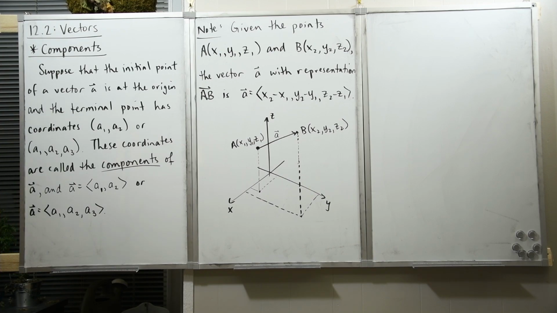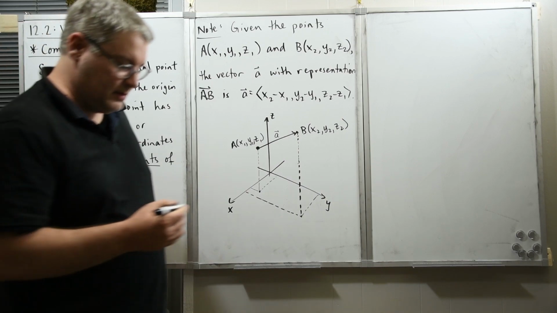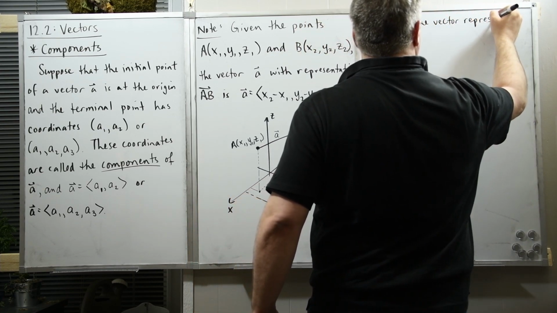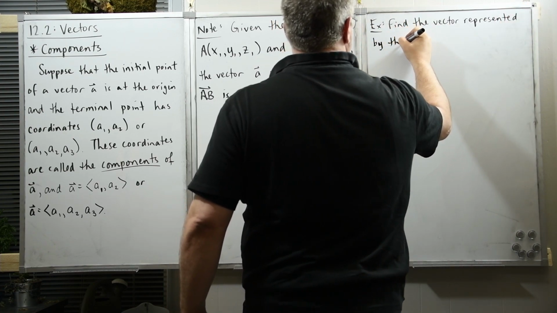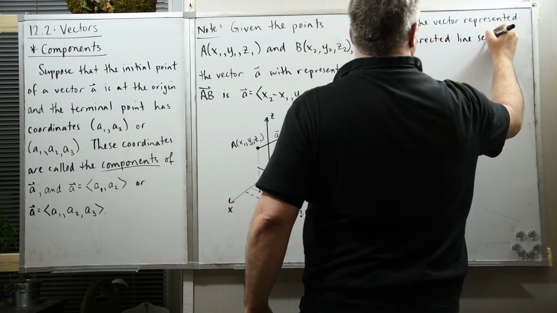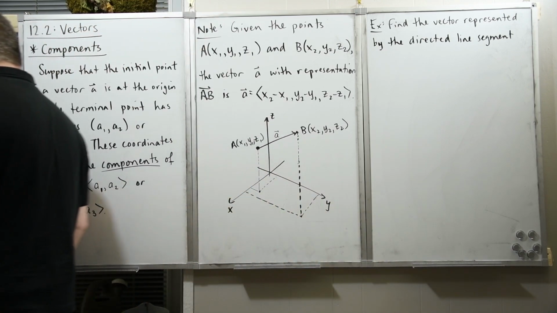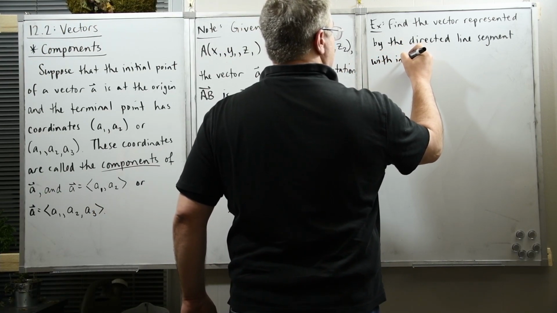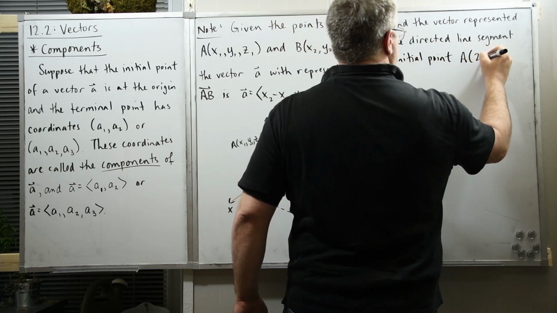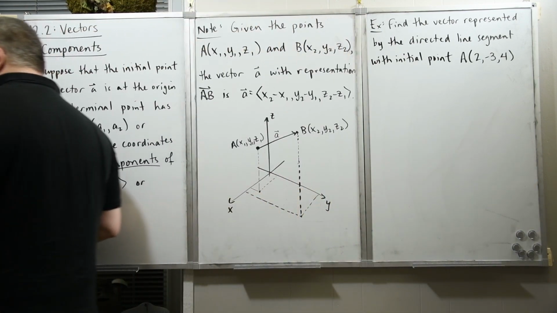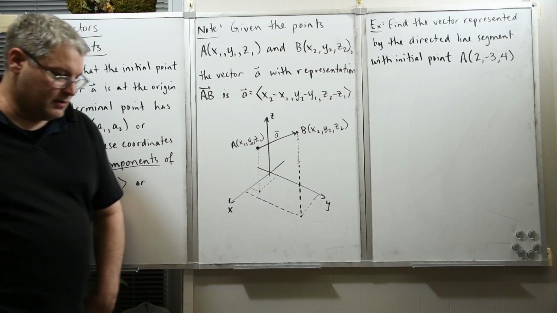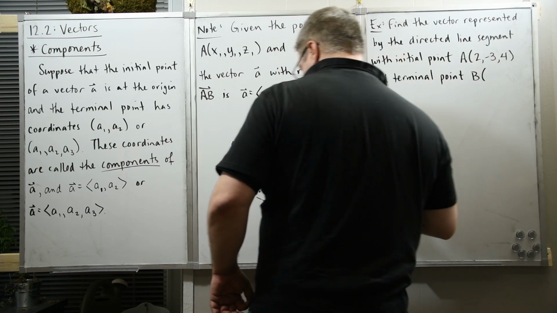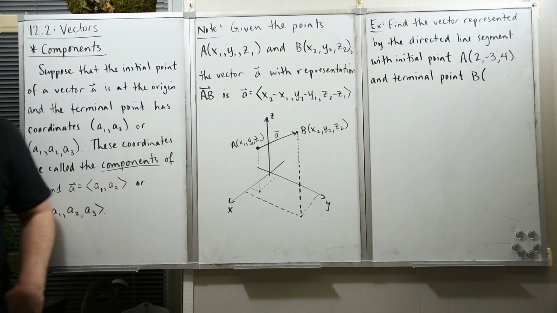All right, so for this example, we'll find the vector represented by the directed line segment with initial point A, which has coordinates 2, negative 3, and 4, and terminal point B, and B is going to have coordinates negative 2, 1, and 1.